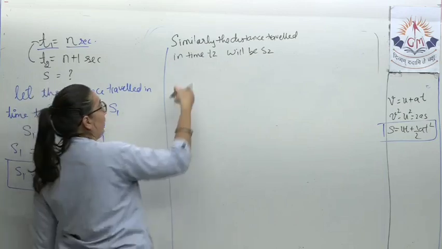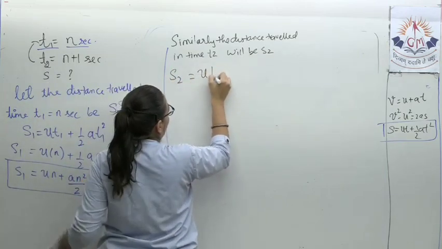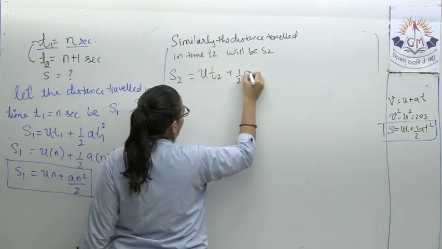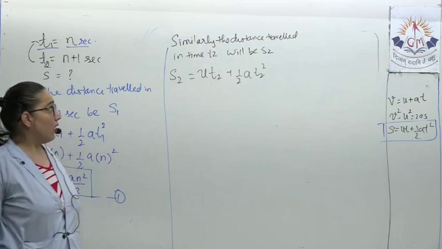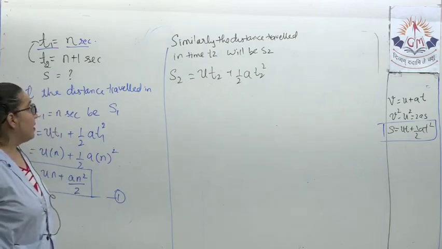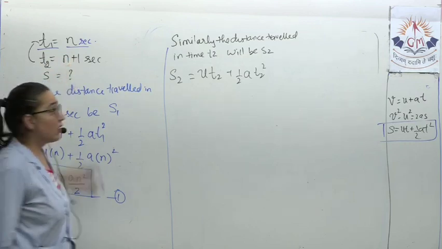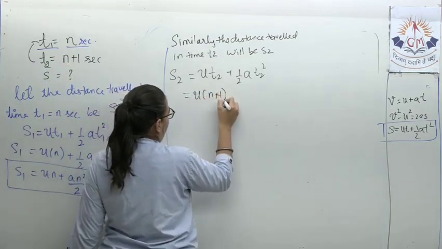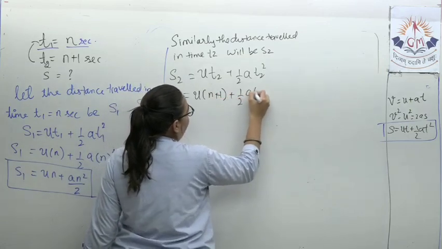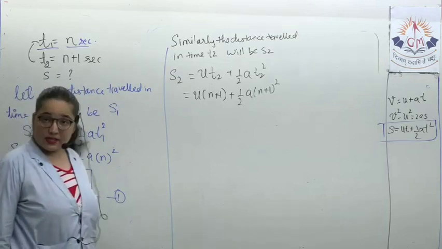Let's put it over here. s2 is equal to u into t2 plus half into a t2 squared. Okay? Now what is the second time t2? It's n plus 1. So we'll put that value: u into n plus 1 plus half a into n plus 1, the whole squared. This is clear.